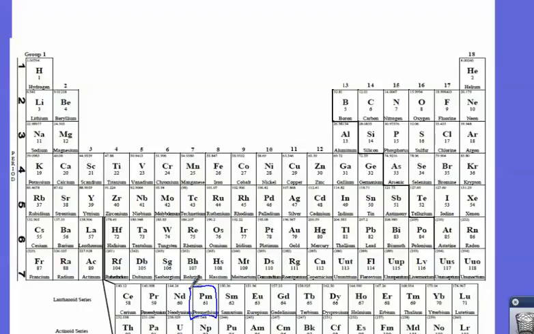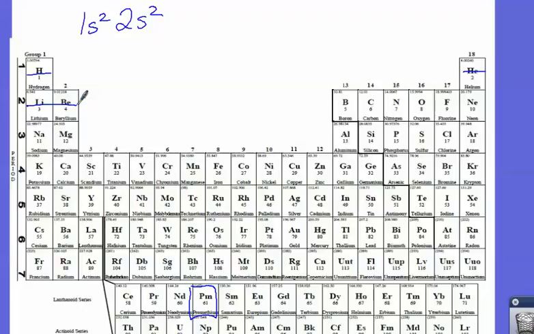So we start this electron configuration exactly the same as we have before with 1s2. If you're using the periodic table as your guide, you can physically just count the elements to figure out how many electrons you have. One element would represent 1 electron. So 1s2, 2s2, right there.